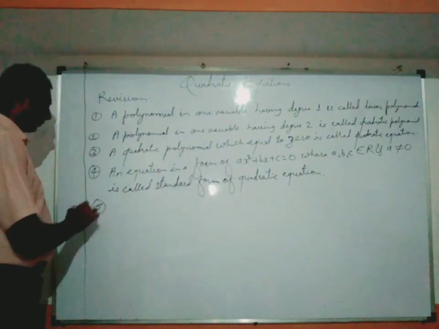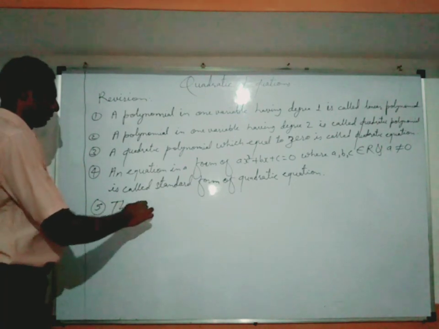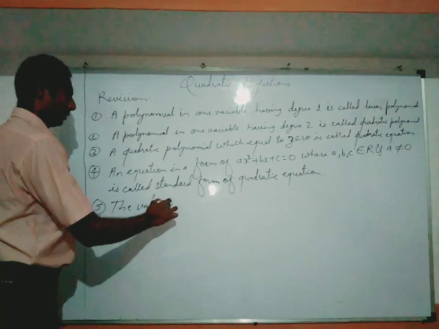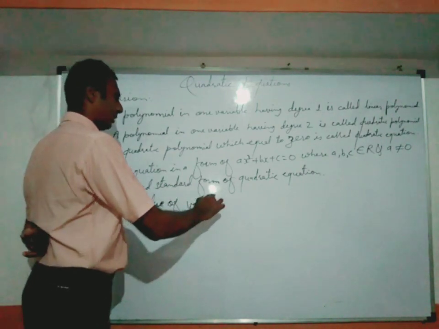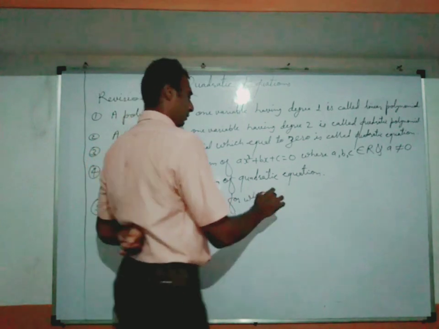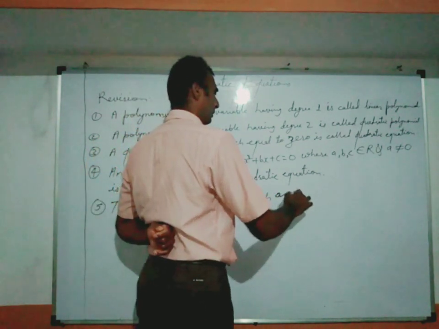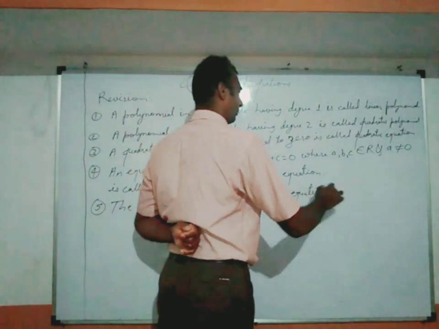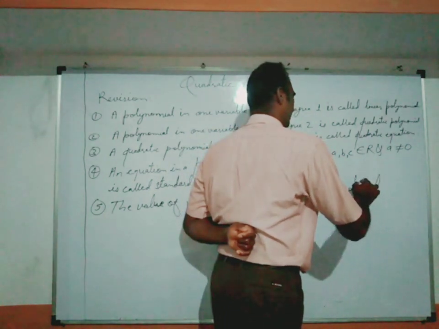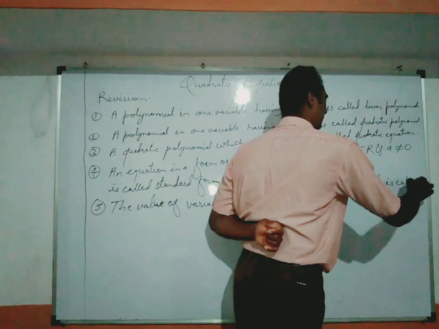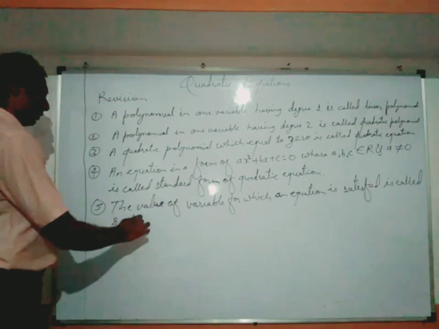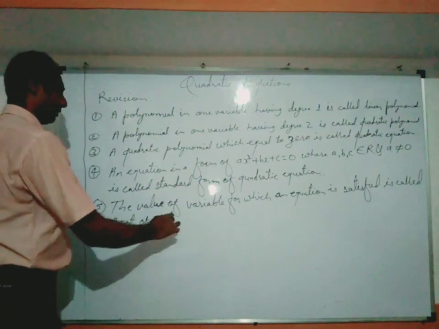And number 5, the value of variable for which an equation is satisfied is called root of that equation.